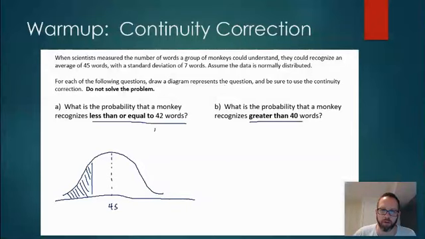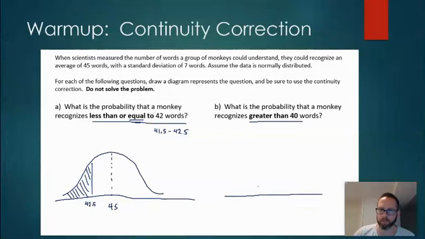And we treat 42 as a range of values between 41.5 and 42.5. And if we want to include 42, that means we're going to go up to 42.5. And as I mentioned last lesson, whether you use 42 or 42.5, it doesn't make a large difference in your answer, but it makes a difference.